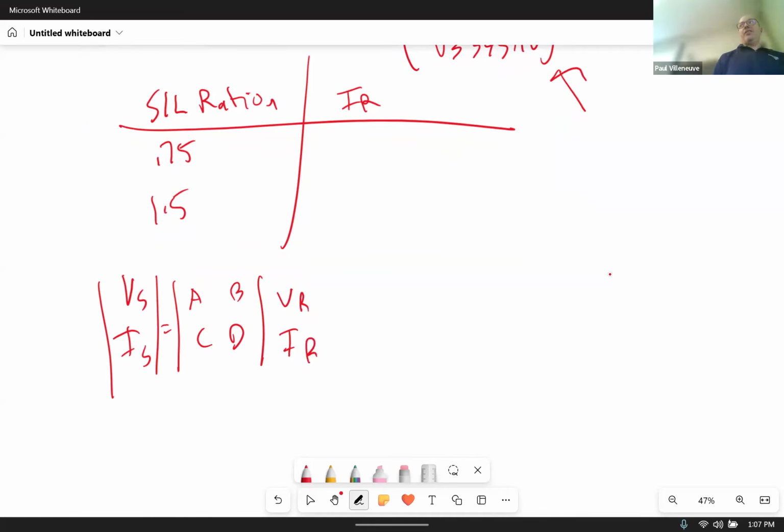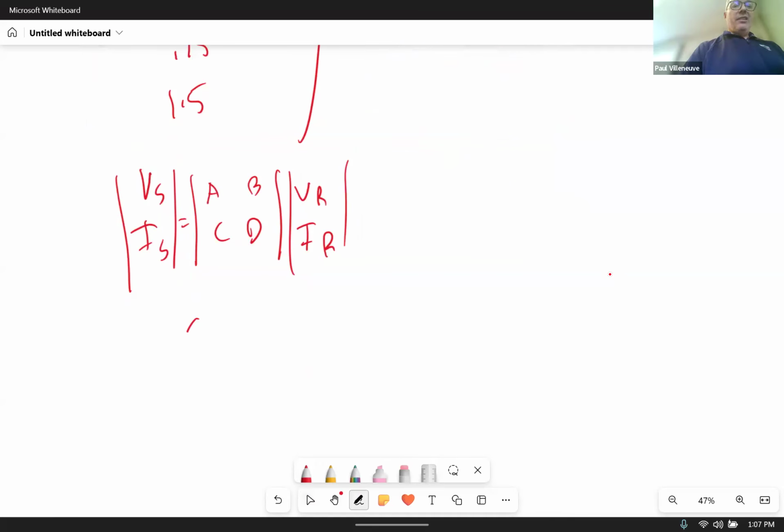Because you have all the information you need, right? You've got VR and IR at this point. And once I have VS and IS, S is going to be equal to, not the square root of 3, because these are phase voltages. Okay? That's the input power into the line.